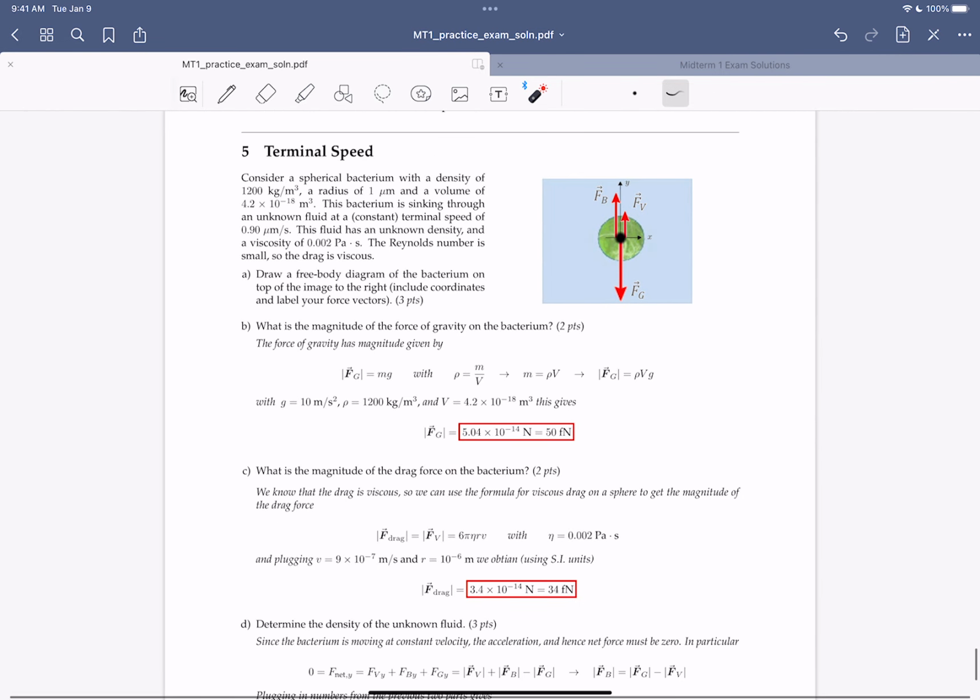Do you have a specific problem with 5? Is there a specific part that you're having trouble with? Because I just have the answer key for this. I don't have a blank sheet, unfortunately. So I can just explain something to pinpoint an issue with it.